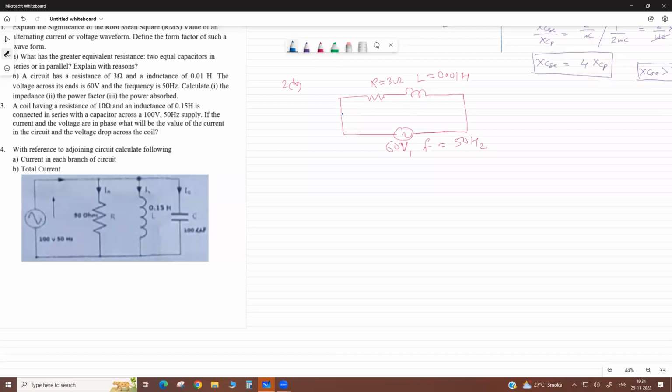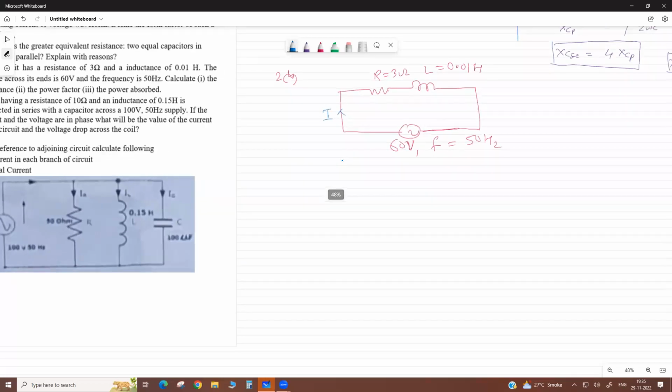My dear, because this voltage is applied, current is there. This voltage is always written as an RMS value, so we get the RMS value of current, then impedance. First to calculate the impedance, the resistance of the circuit is 3 ohm.